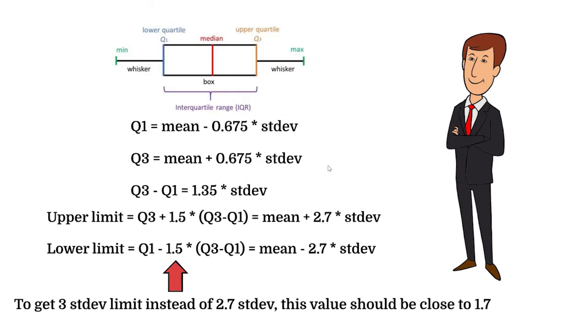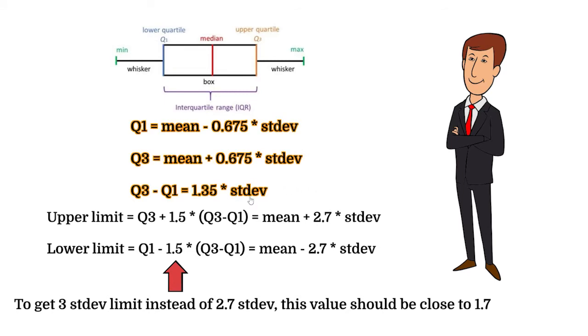Let's do some math. Statistically, Q1 is defined as mean minus 0.675 times standard deviation, and Q3 is defined as mean plus 0.675 times standard deviation. If we subtract Q1 from Q3, we'll get 1.35 times standard deviation.